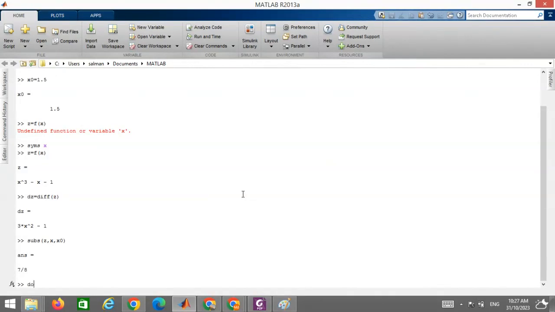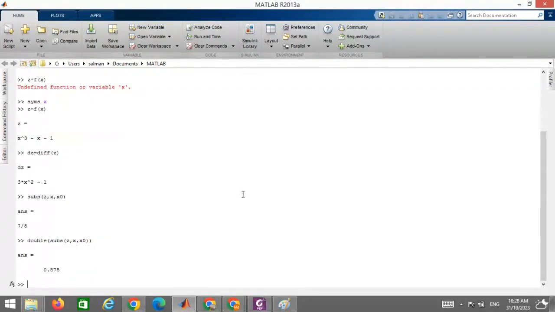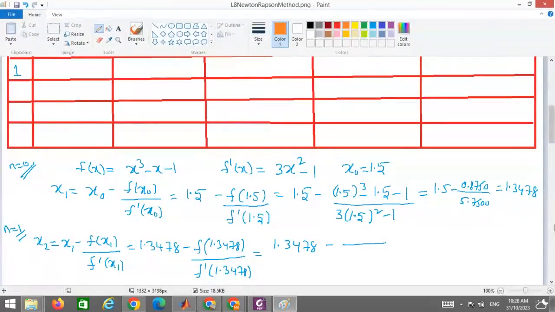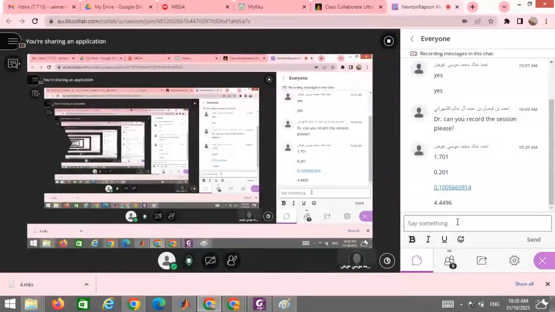So I will do typecasting: double of the same equation. It gives me 0.8750, correct?